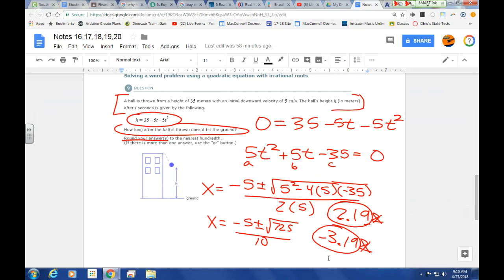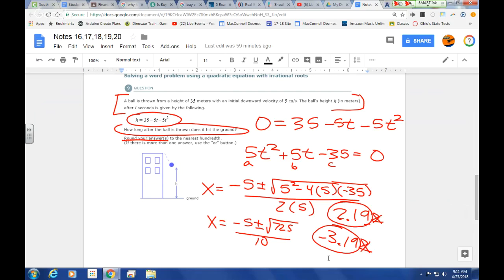So you should be raising your hand now and going, wait, that doesn't make any sense. Why doesn't that answer make any sense? Well, this is time, right? If I say you're going to hit the ground at -3.19 seconds, that doesn't make sense.